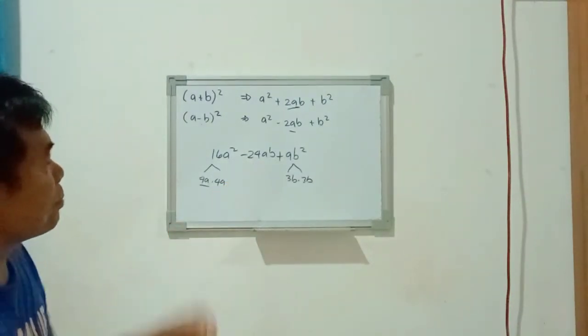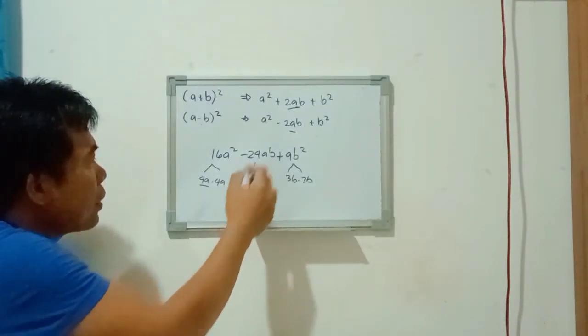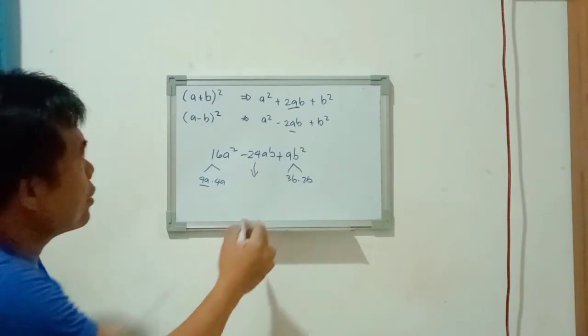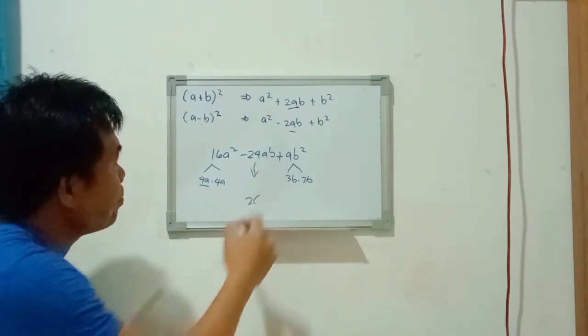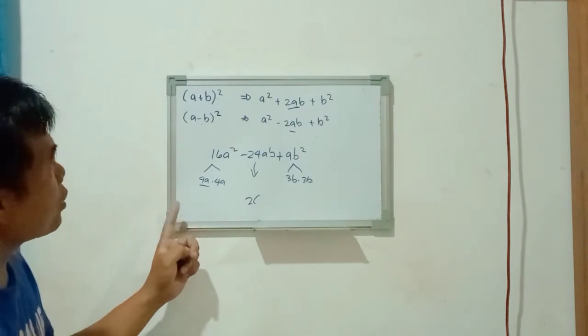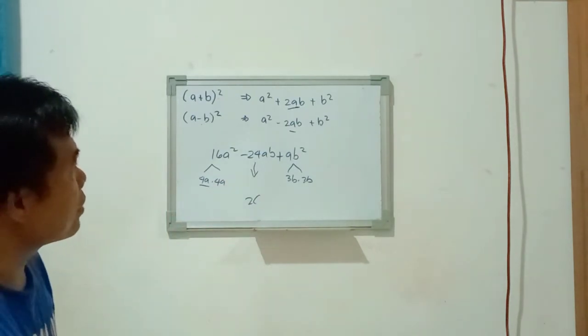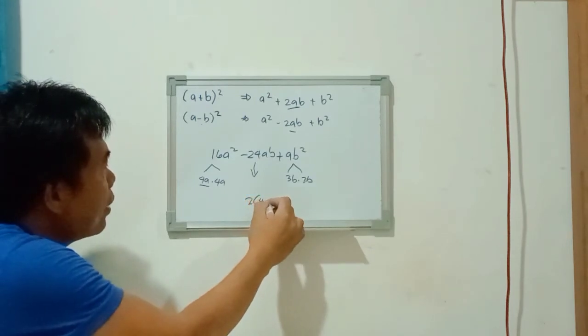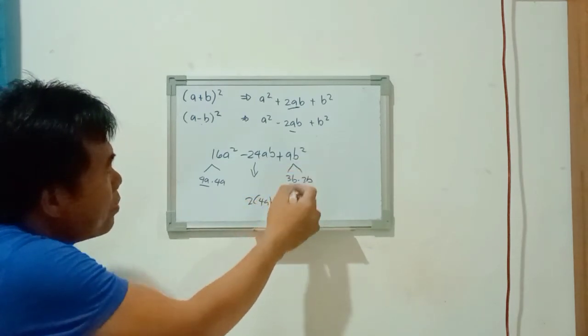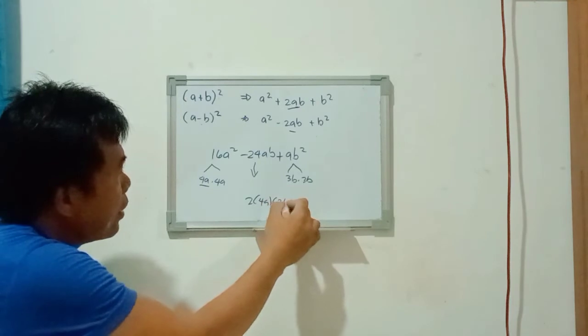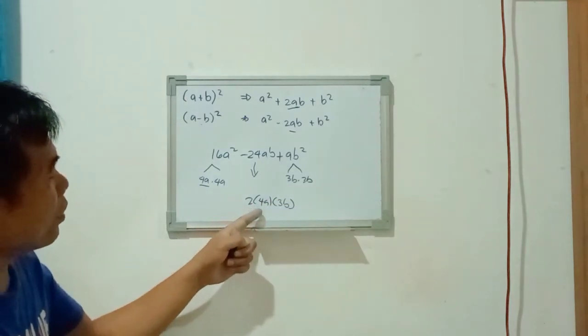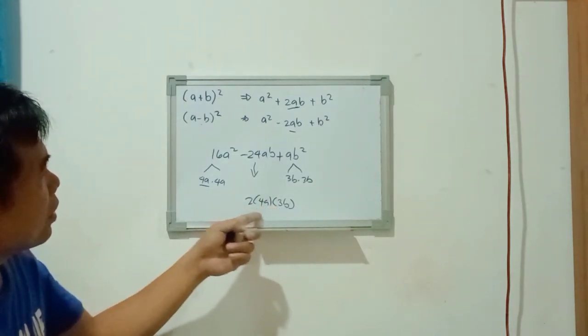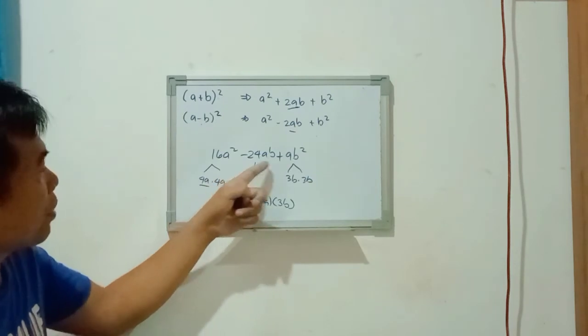So let's check the middle term. It's twice the product of the first square root and the last square root. The first term's square root is 4a, and the last term's square root is 3b. So 2 times 4a times 3b is 24ab.